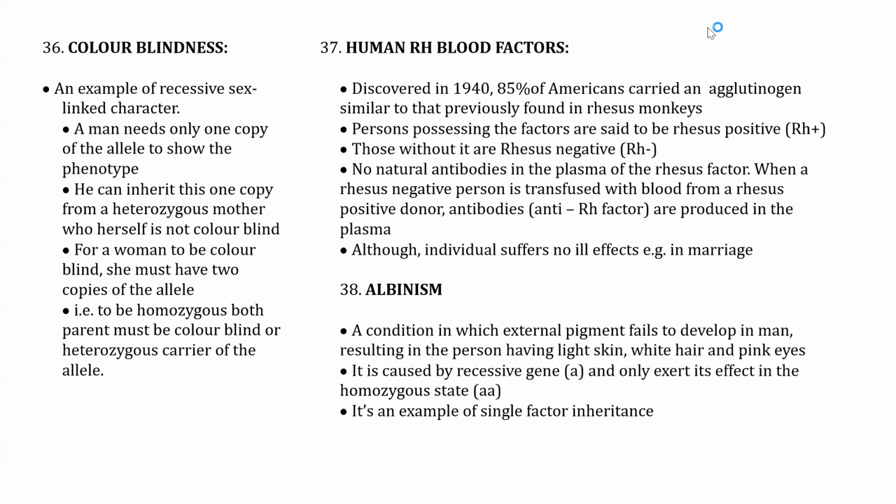For a woman to be colorblind, she must have two copies of the allele. I told you, a woman has XX, so for a woman to be totally affected, the two X must be affected. That is, to be homozygous, both parents must be colorblind or heterozygous carriers of the allele. So that explains color blindness.